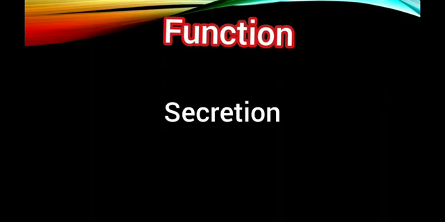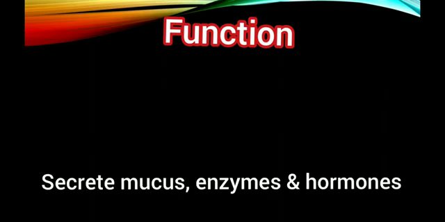Function is only one, that is secretion. That means they secrete the mucus that traps the dust particles, lubricates the inner surface of respiratory and digestive tracts. They also help in secretion of enzymes and hormones.